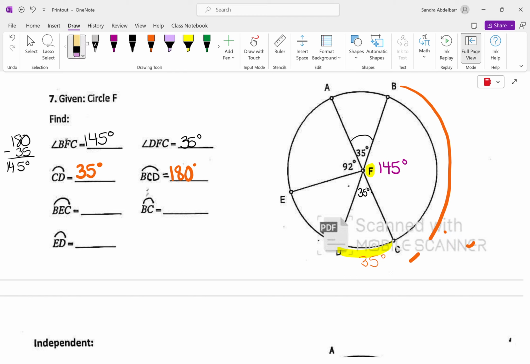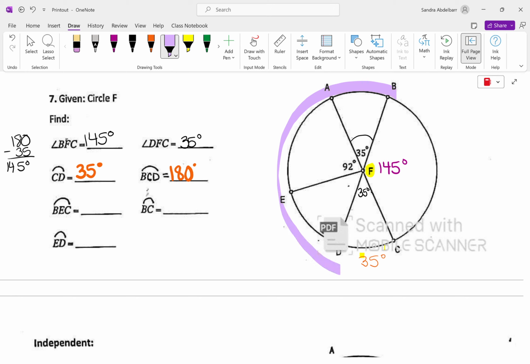And the next thing we want to do is find arc BEC. I'm going to erase this. All right, so arc B to E to C. I know this is a little blocked out here, but do we all agree that BD is a diameter?